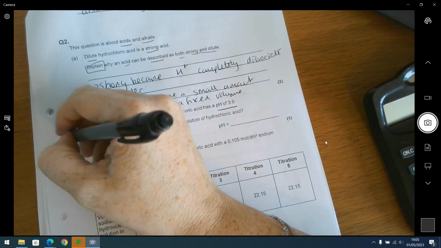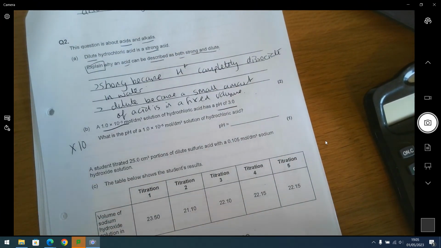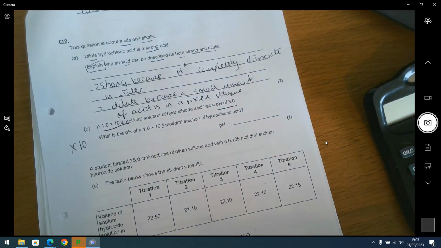And I remember that everything goes up by a factor of 10. So I can see that the difference between these two numbers is a factor of 2, a power of 2. So essentially it's gone up twice by a factor of 10.